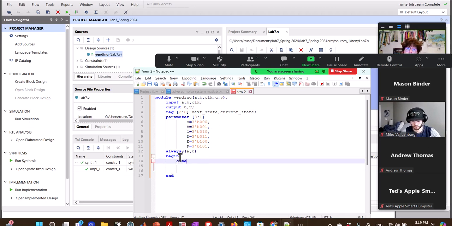Okay, so with your case statement, you could go 2 ways. You could do a case statement based on what your current state is, or you could do a case statement based on what the input is. And either way is fine. It doesn't really matter.